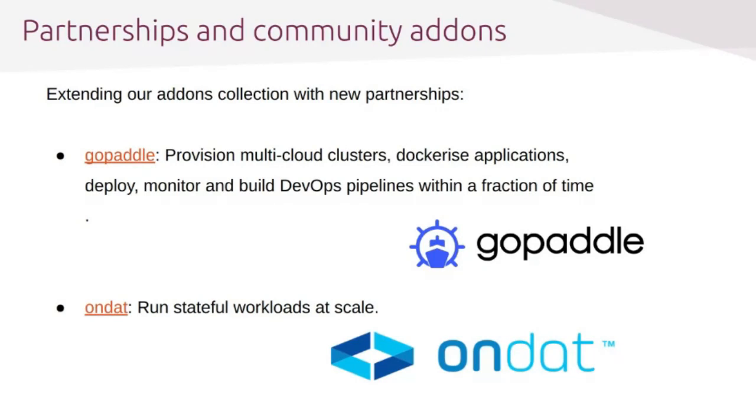We started a partnership with GoPaddle. GoPaddle is a way to provision multi-cloud clusters. It practically targets developers and the developer user experience. Then we established a partnership with Ondat. Ondat has its own storage solution that you can now enable with microk8s enable ondat.